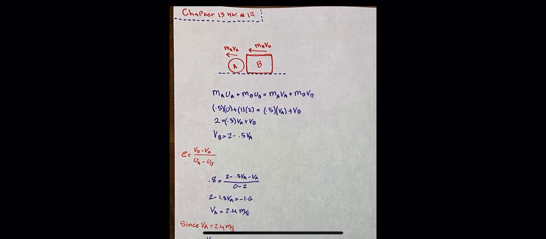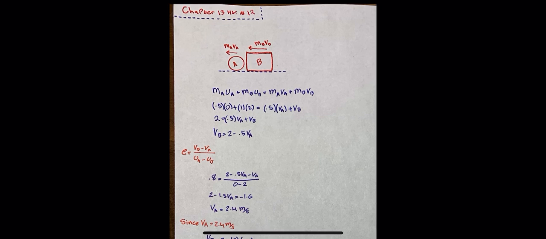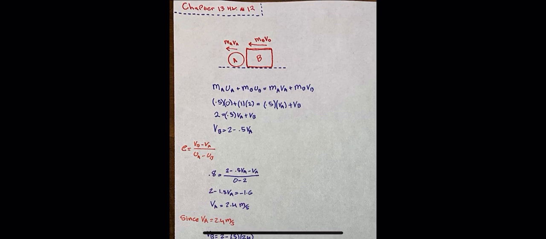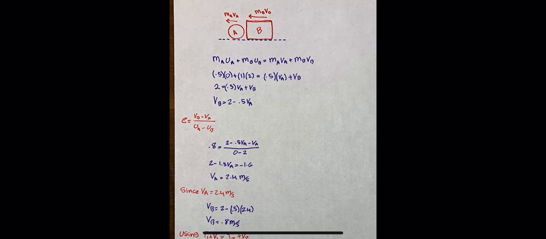So if we do a free body diagram of the instant when the block hits the sphere, and we know that momentum is conserved, we can come up with this first equation here. We can plug in all our knowns.